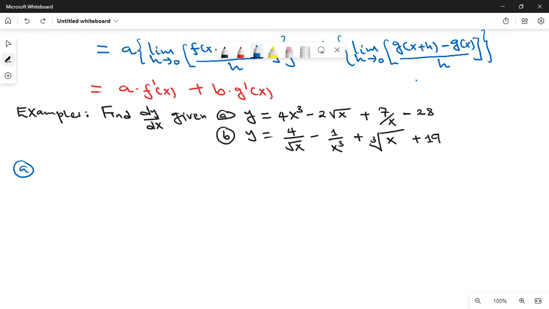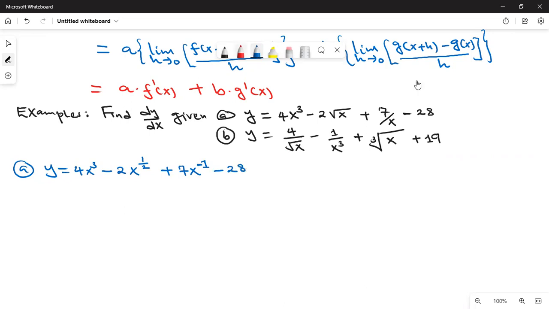So in part A, y can now be written as 4x cubed minus 2 root x, which is the same as x raised to 1 over 2. Then 7 over x is the same as 7 times x raised to negative 1. And then I can see minus 28.